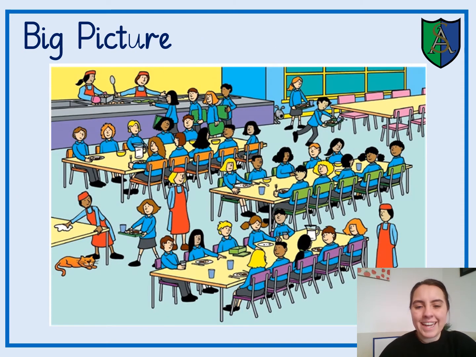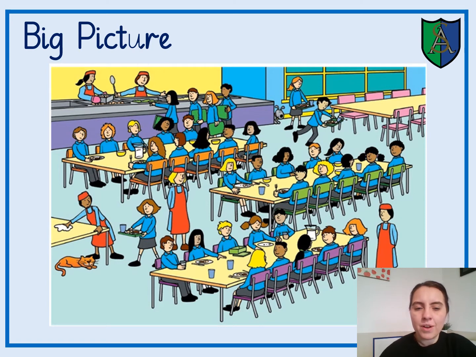So everybody, here is our big picture. What I'd like you to do is maybe pause the video and have a little chat with the people around you about the maths that you can see within our big picture. For example, I can see that there are 3 tables in my picture that have children sat around them.